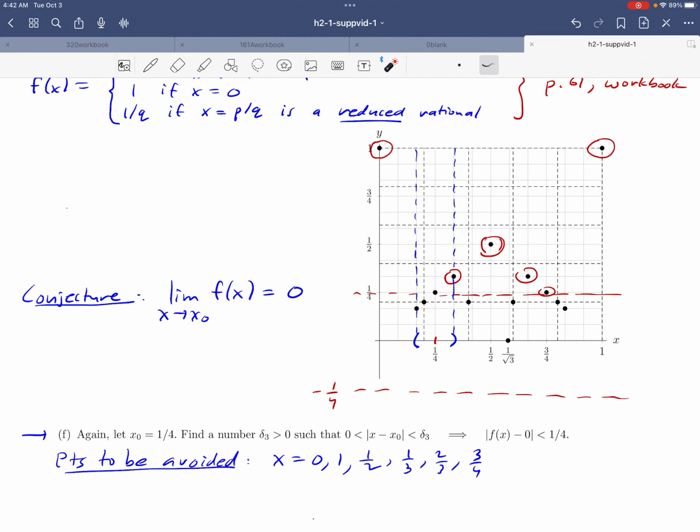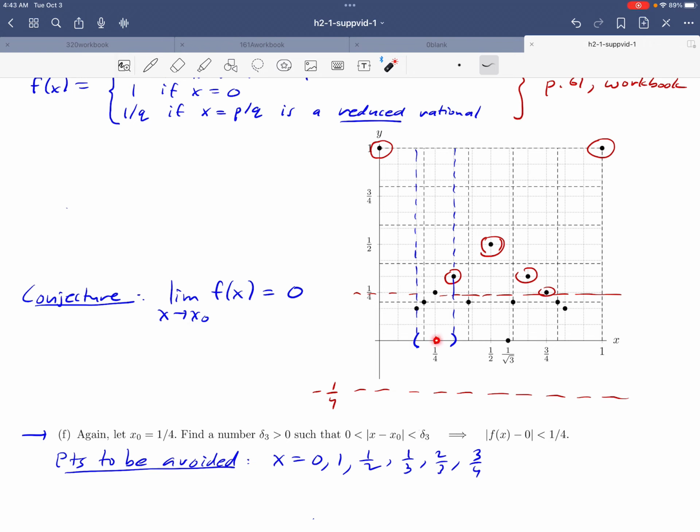And there are a lot of points that we can't see that are also in that delta neighborhood. So a bunch of points in here, rational numbers that we haven't plotted, and then any irrational numbers are going to be down here. So the upshot of it is this delta that we just drew into our picture should work. And now let's figure out what that delta actually is numerically.